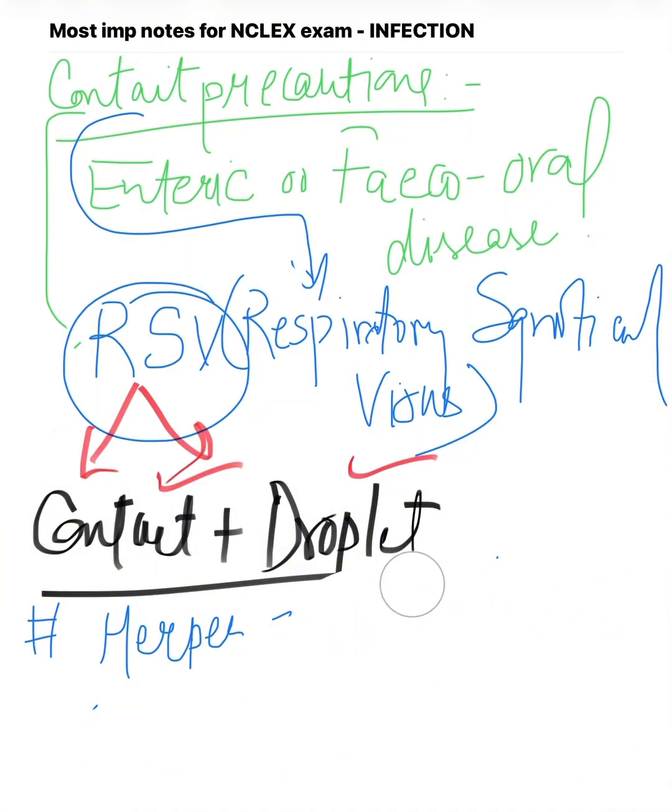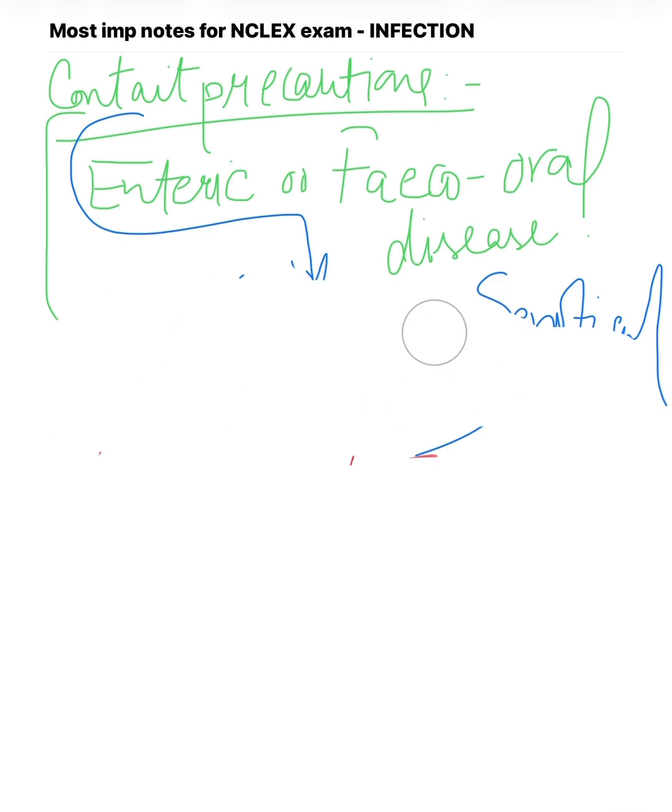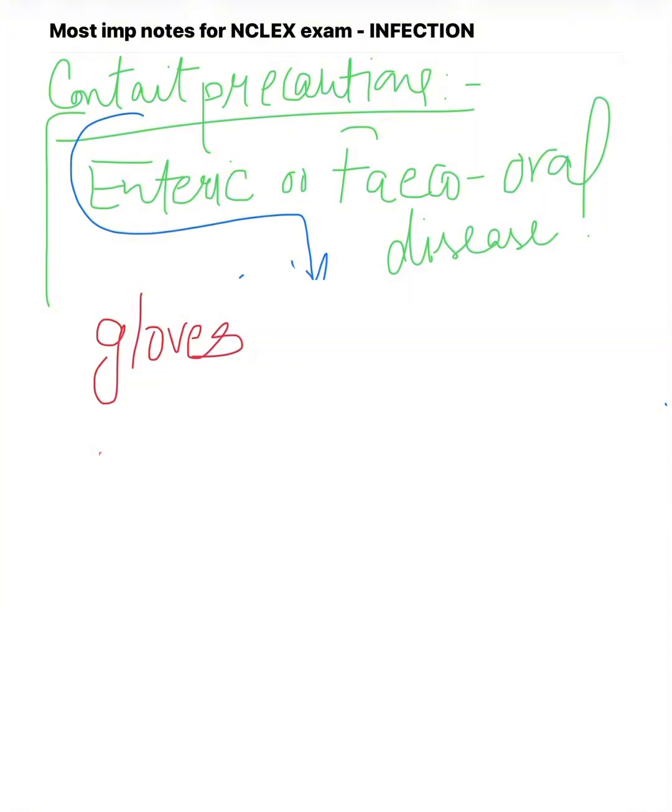Next, what are the components we use in contact precautions? Here is the list. First one, you have to use gloves, gown, and hand washing is number one.